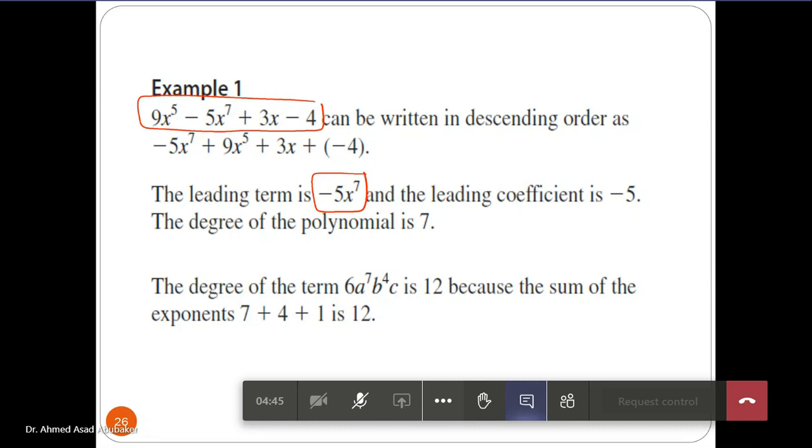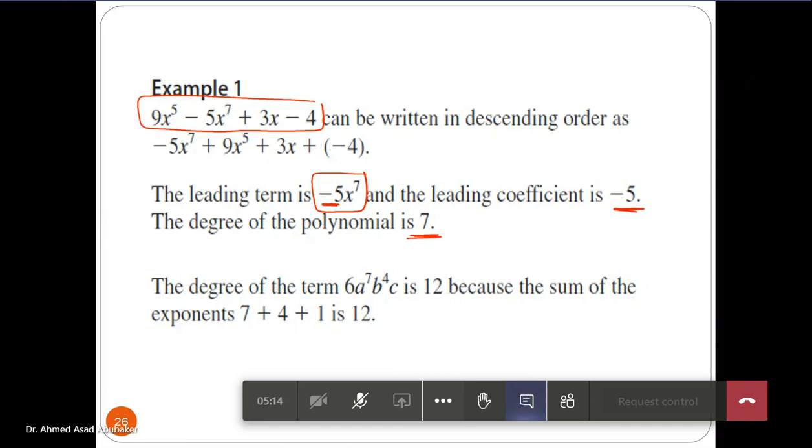But the coefficient is only negative 5. The coefficient negative 5, this one, is the leading coefficient. Now, what's the degree of polynomial? The degree of polynomial is the largest exponent. This is 7. So the degree of polynomial equals 7.